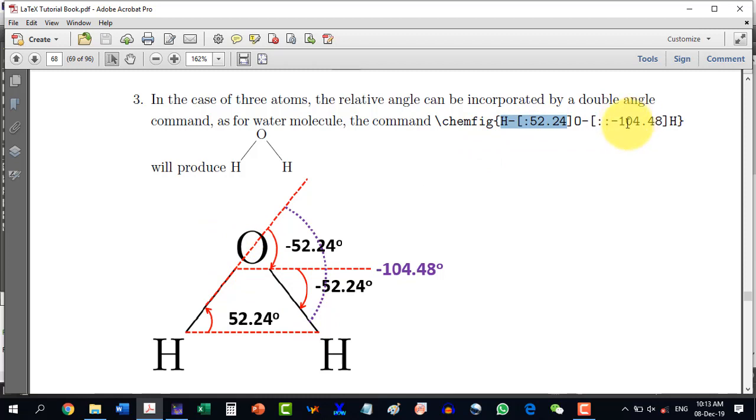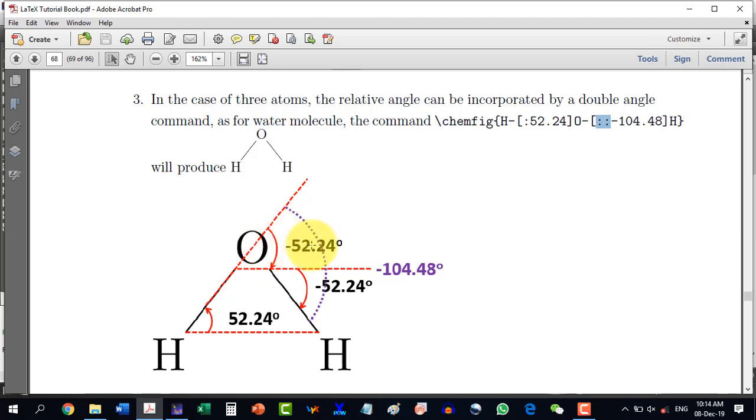So what I will do here, I will have to write double colon, and double colon means that oxygen is actually possessing a bond here, another bond, and it is minus 104. So let's understand this one. If I extend this line, then from this line to the horizontal line, this angle is again 52.24, but as it is in this direction, it will be minus 52.24.